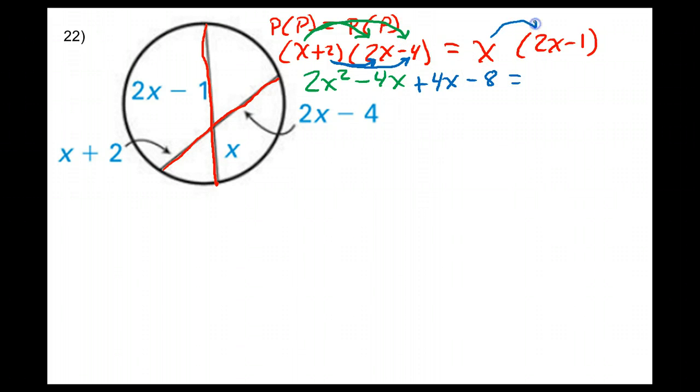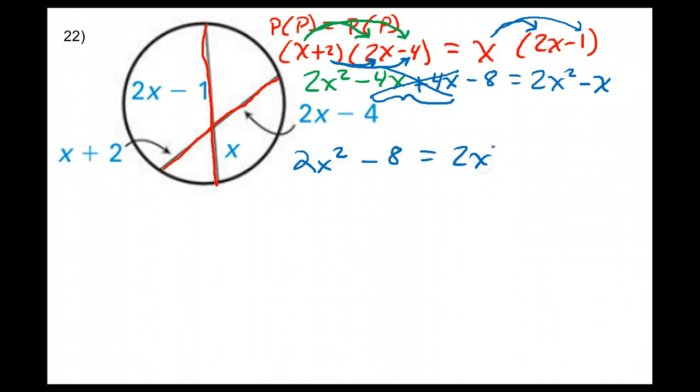Then over here we have to distribute this x. So that's going to give me 2x squared minus x. Okay, so now we just need to combine like terms. But look at this. We have negative 4x and positive 4x. You combine them, but those are just going to cancel each other out. So that means we just have 2x squared minus 8 is equal to 2x squared minus x.